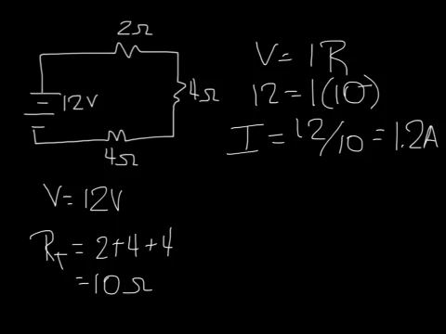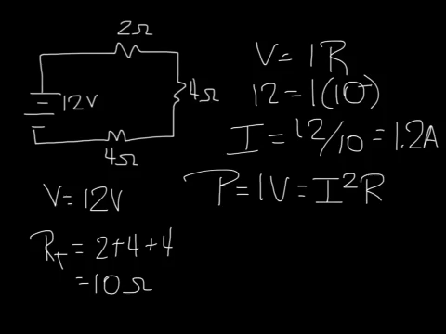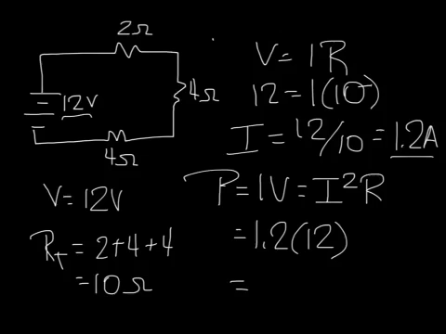So power is either IV, or the same thing as I squared R. I'm going to use IV since we know V and we know I. So that is 1.2 times 12, which is 14.4 watts, or 14.4 joules per second.